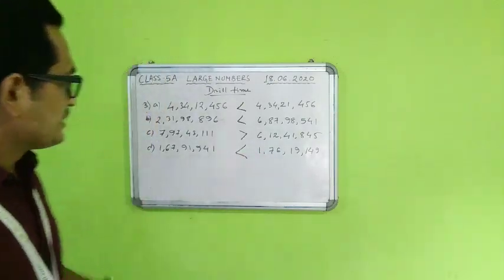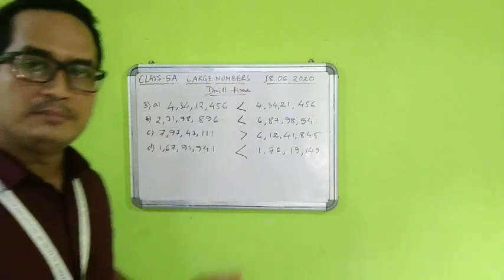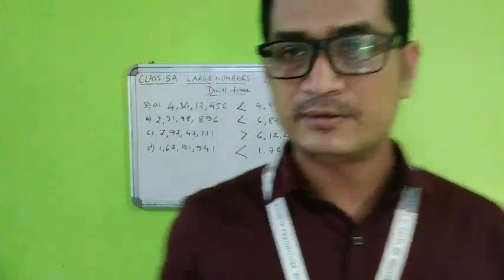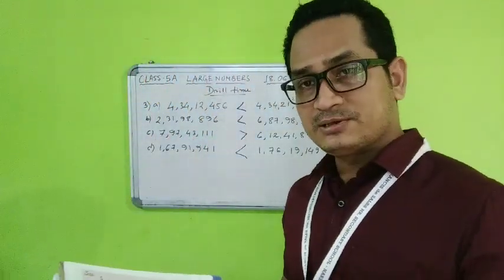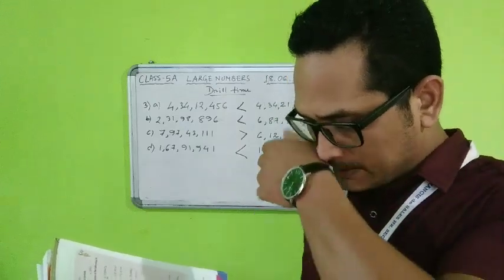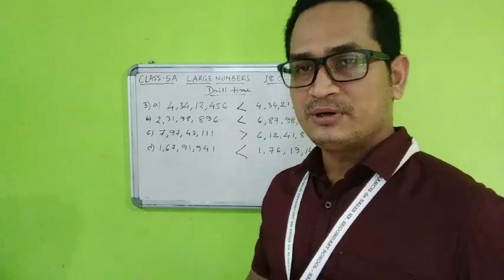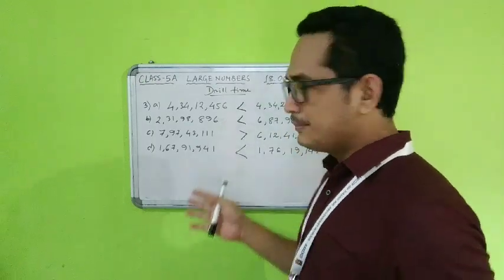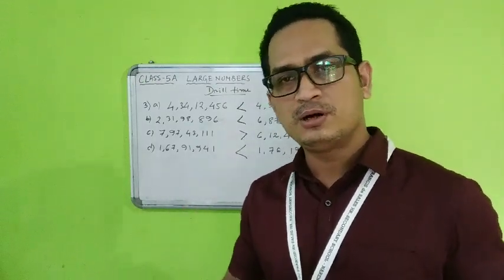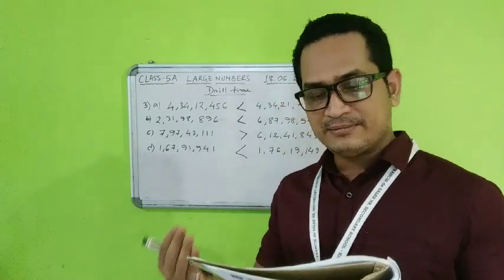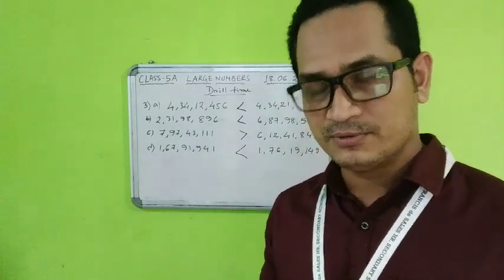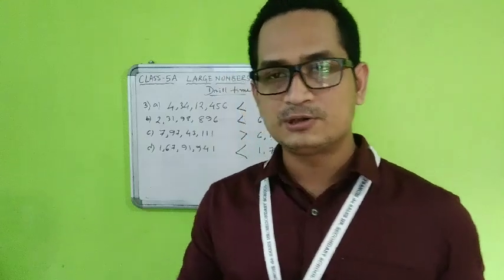So students, these are the questions from comparing, only to compare greater or smaller. Let us go for the next question, that is, arrange the numbers in ascending and descending order. Now it is about arranging. If you know how to compare numbers, then definitely you will be able to arrange. In question number 4 they have asked us to do both, ascending and descending.